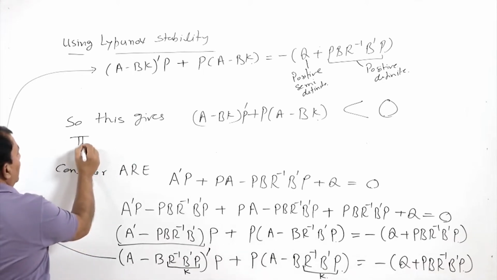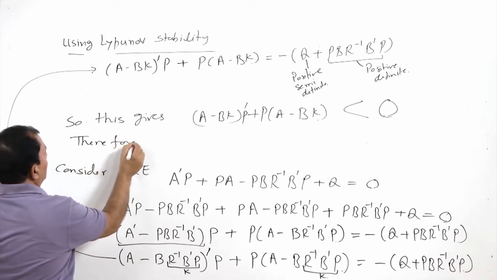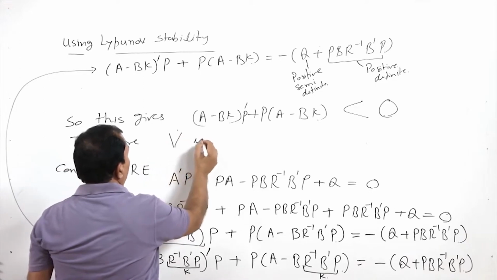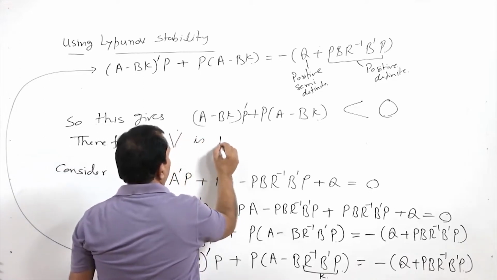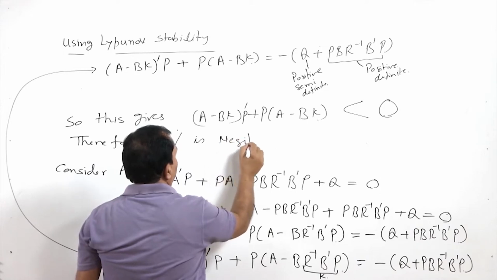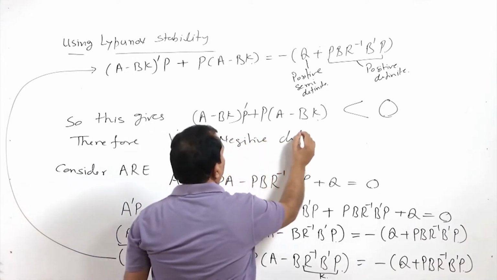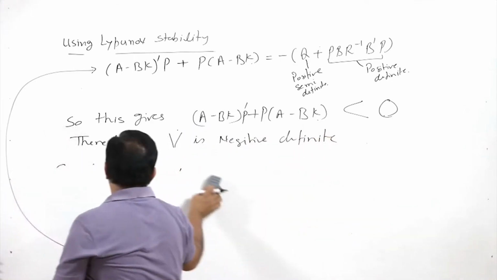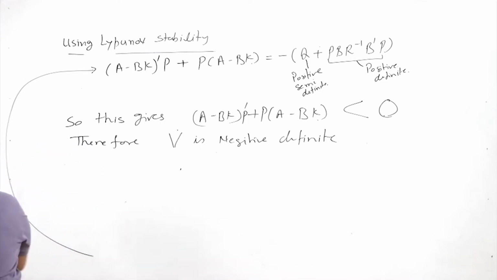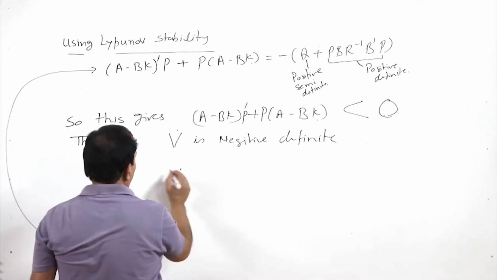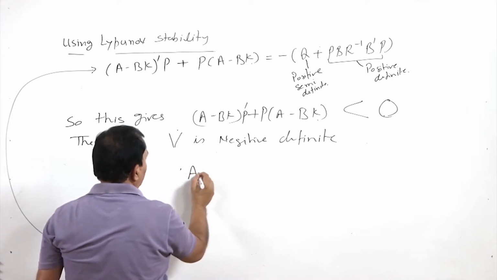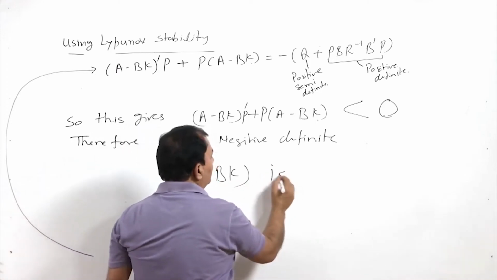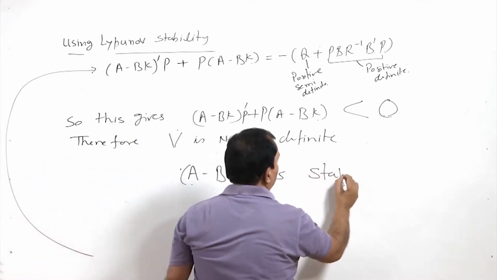So, therefore, I can say, because my V dot is negative definite, so now V dot is negative definite. So, my A minus Bk is stable.